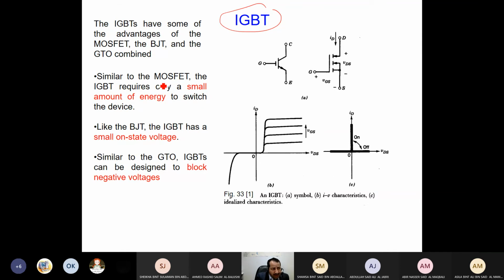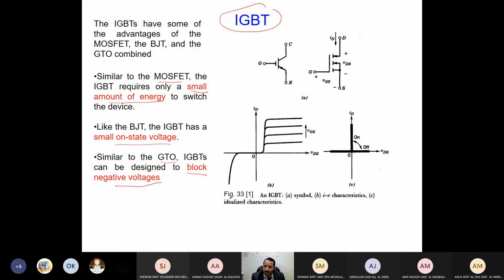We compare it with MOSFET, it has a small amount of energy, it consumes less energy. While when I compare it with BJT, it has a small on state voltage drop. And similar to GTO, it can block negative voltage.